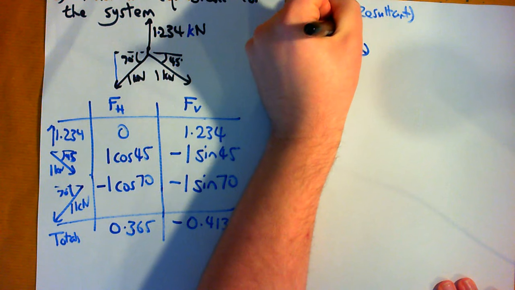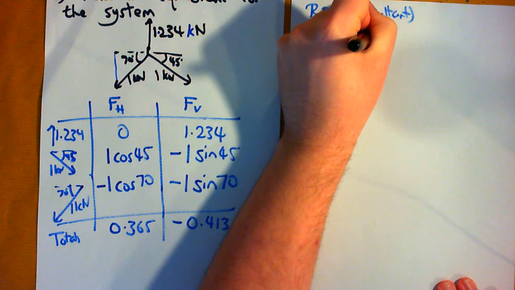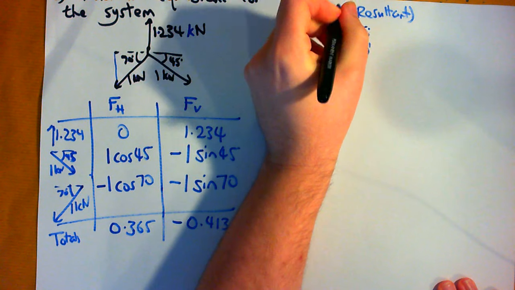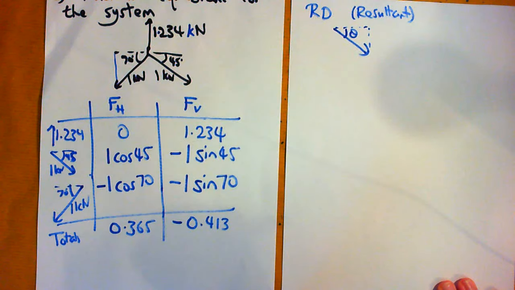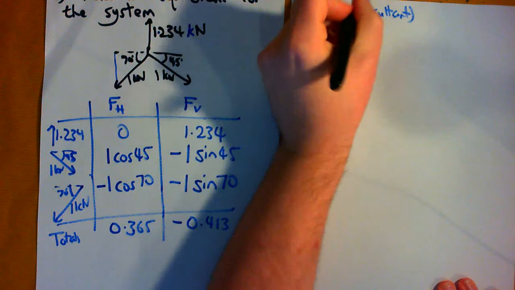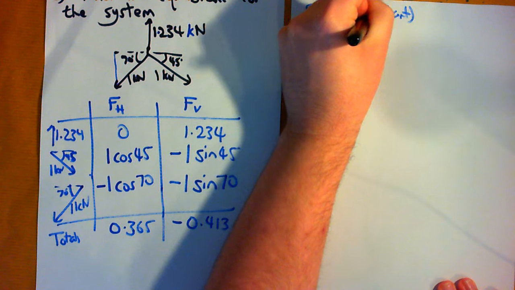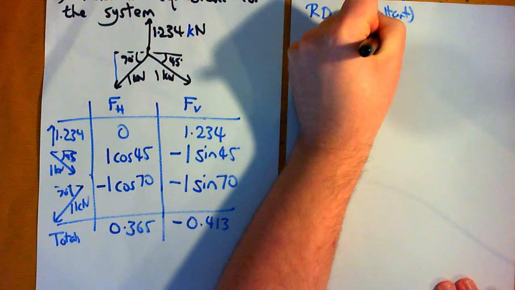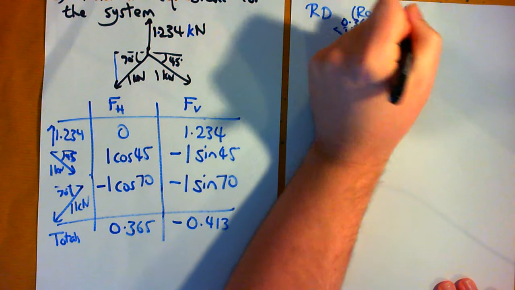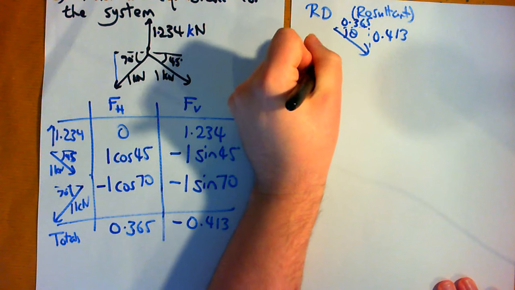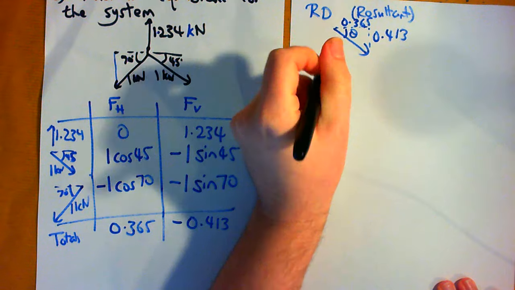Now we need to find what the length is and what the angle is. So that's theta, and let's put in what the horizontal component is, which is 0.365, and the vertical component of that resultant is 0.413. So let's work out its length, which we'll get by Pythagoras.